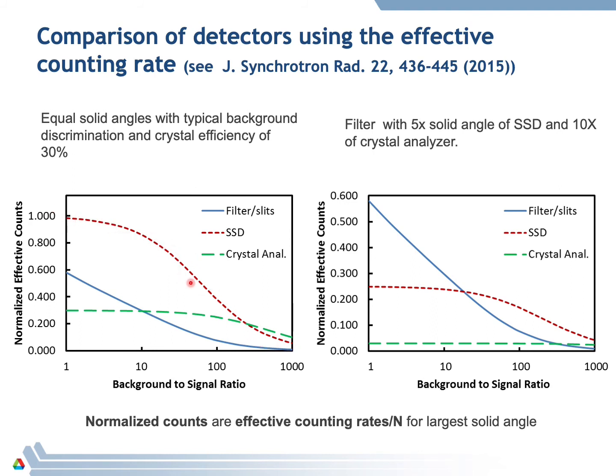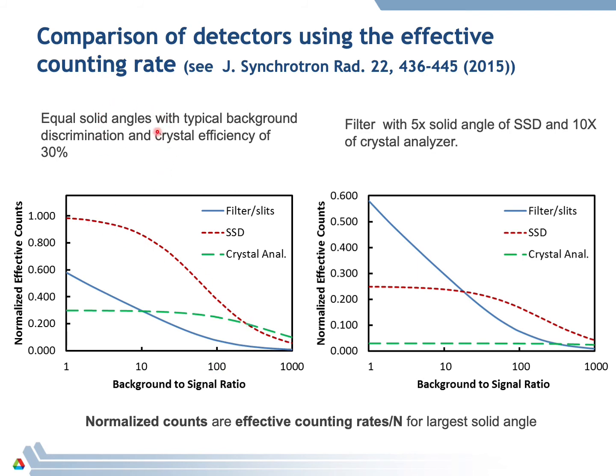There's always a small overlap of the background with the signal of interest, and so it starts to drop off. You can see then at some point the crystal analyzer, because it has better background rejection, but it doesn't collect as efficiently usually. This is kind of a typical efficiency. You'd have to go to really large backgrounds before it would beat out the solid state detector.